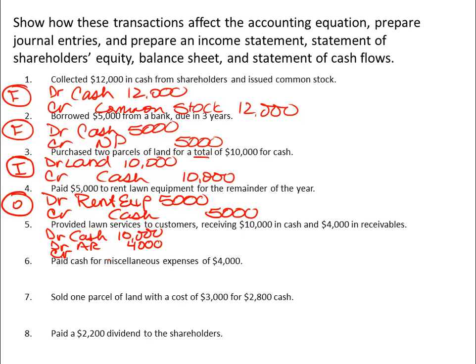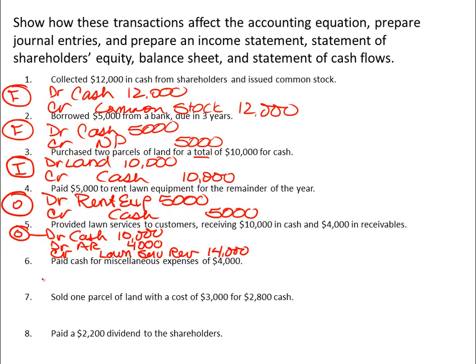And we're going to credit lawn service revenue because that's why we're in business. We're in business to sell lawn services to customers for $14,000. Now when we look at the cash flow statement, notice our cash went up $10,000 and that was from daily operations, so that's an operating activity, isn't it?